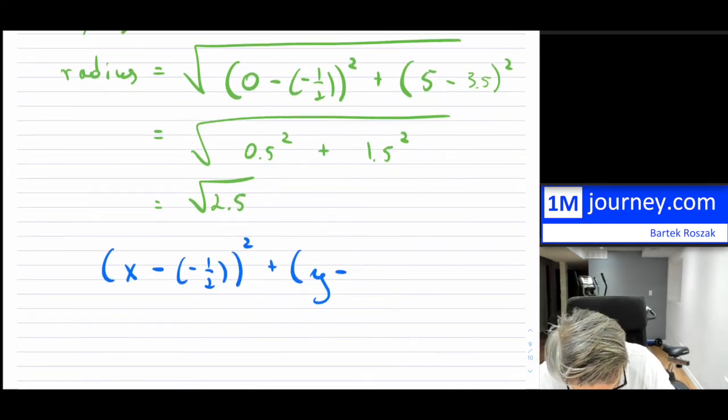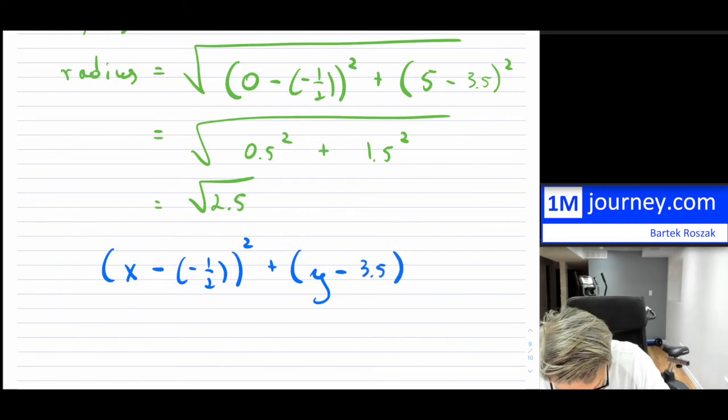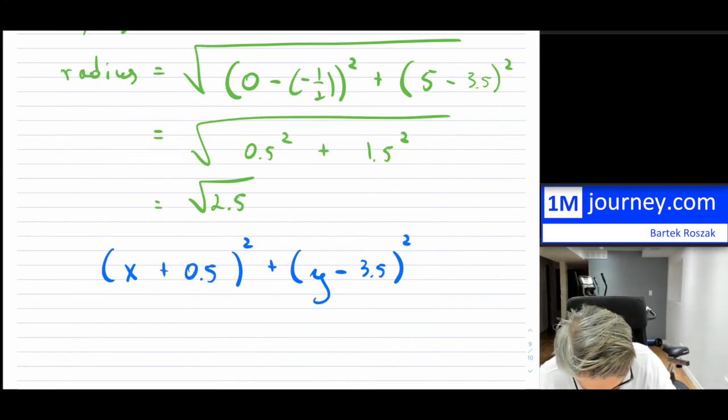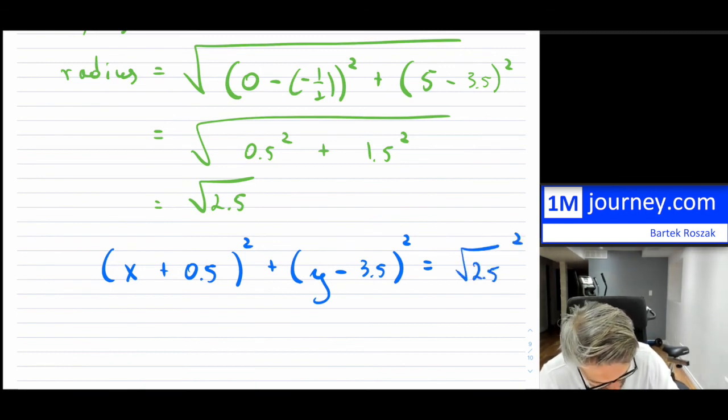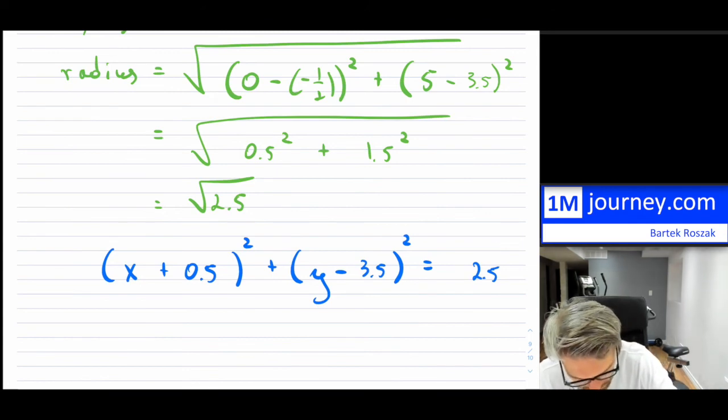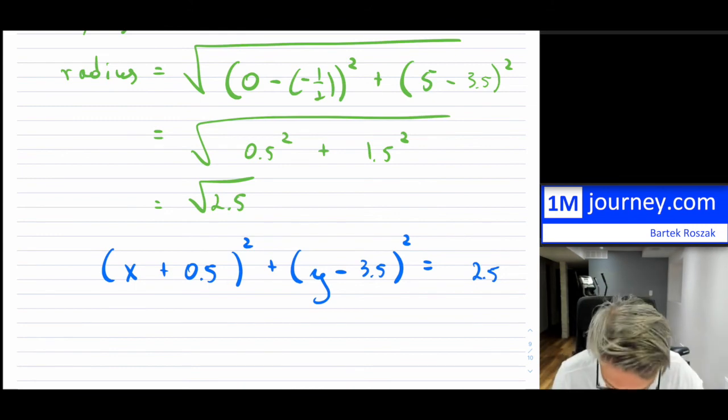Let's put these as 3.5. Now the negative and negative will cancel. So I'm going to put this as just that, squared, equals the radius squared, right? So if you square root, that means this is going to be just 2.5. So that is our equation of the circle.